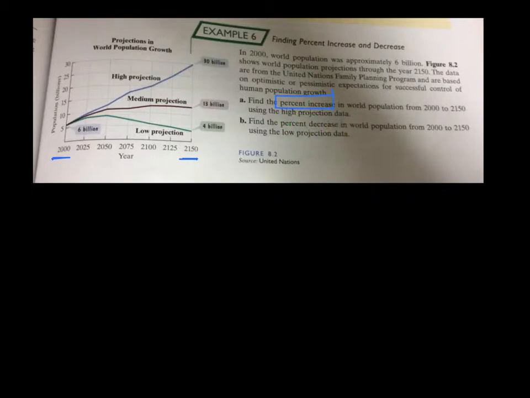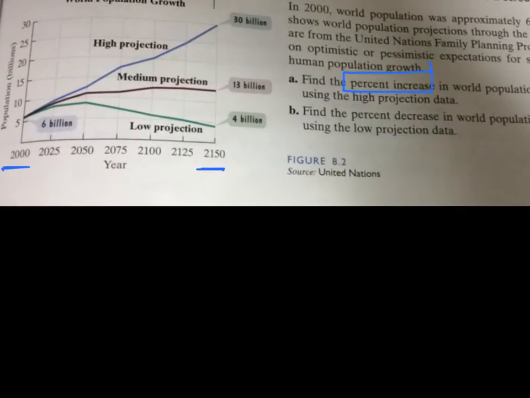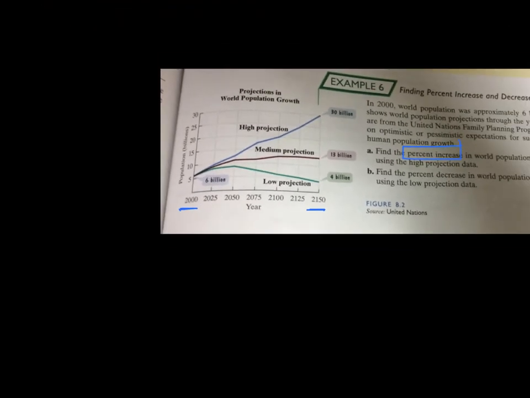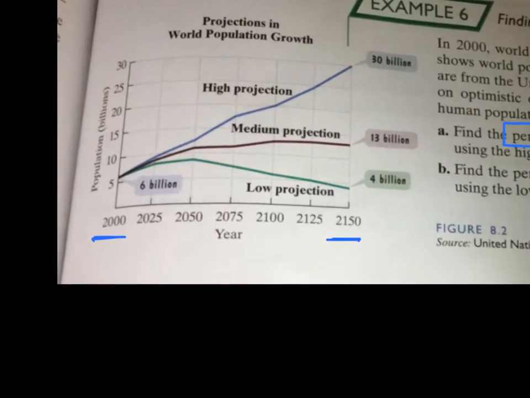So our high projection data is the blue guy here. If we look at the graph, the highest, in 2150, the high projection is going to be 30 billion people in the world, right? In 2000, it's only 6 billion. So there's a difference between the 30 billion and 6 billion.